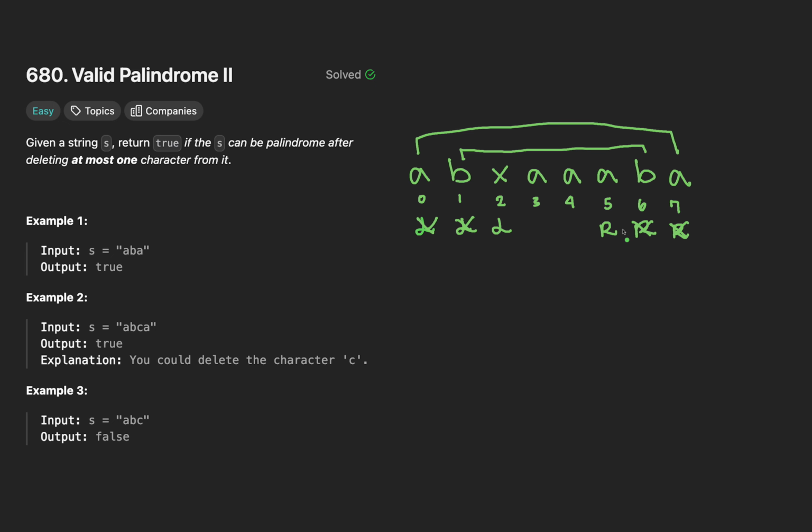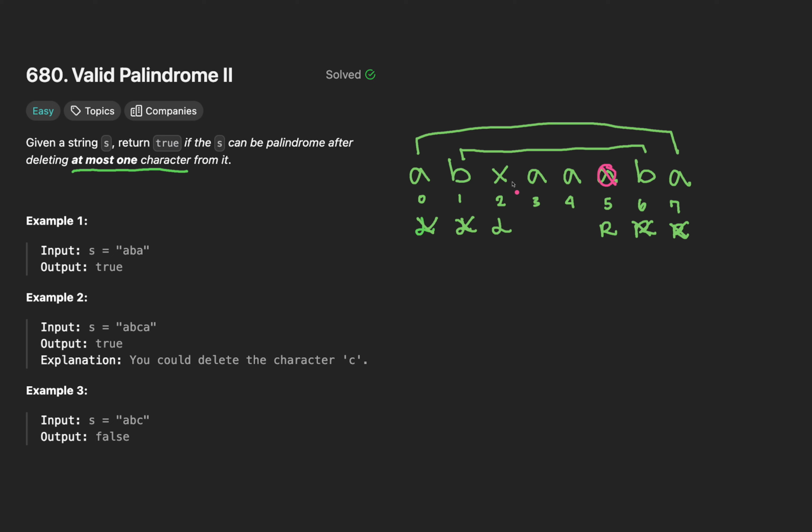Here's where things get interesting. There is a mismatch. X obviously does not equal A. But we are allowed to remove at most one character. So we should try removing either the A or the X and seeing if either one leads to a palindrome.